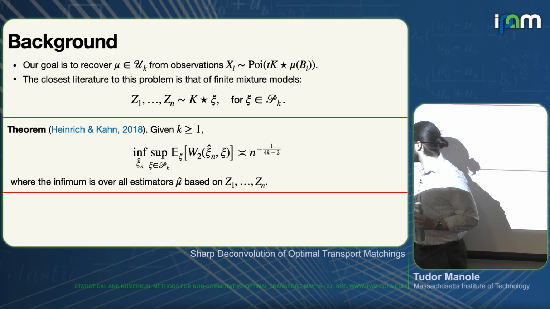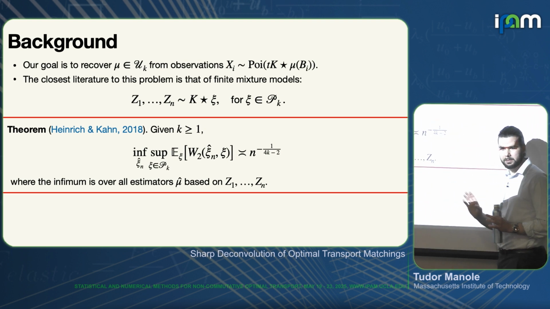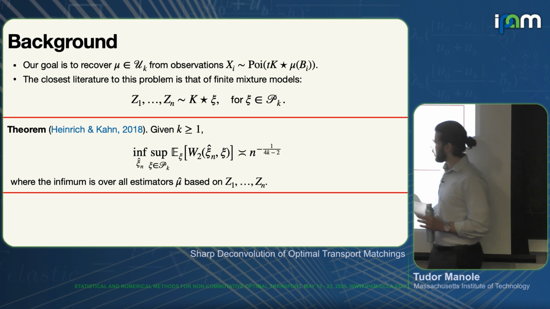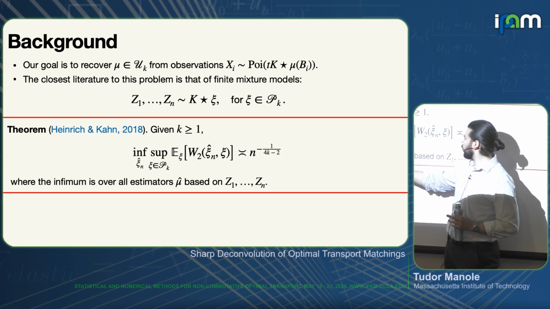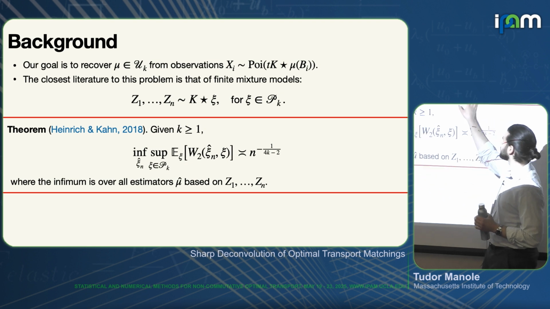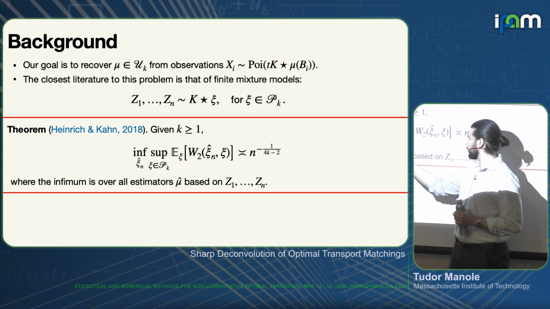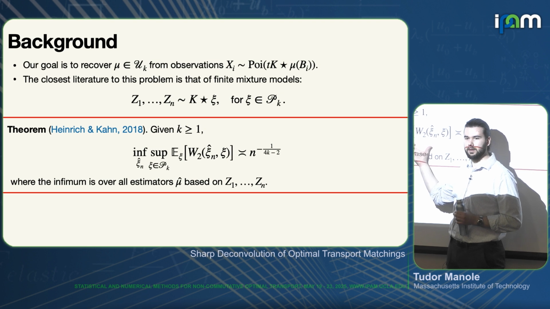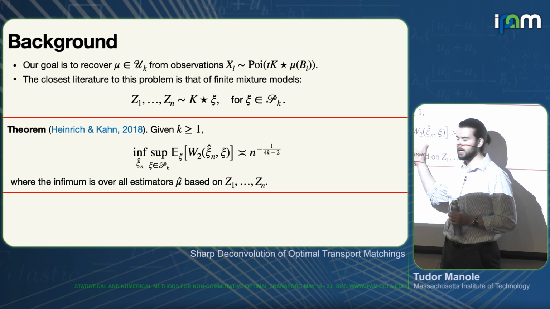Maybe there are people from a lot of audiences, so maybe I'll just unpack what this minimax risk is trying to say. What we're saying here is take the worst case signal, the worst case mixing measure in the underlying parameter space pk. I want to ask for that worst case xi, what is the risk, what is the accuracy of estimating that xi?